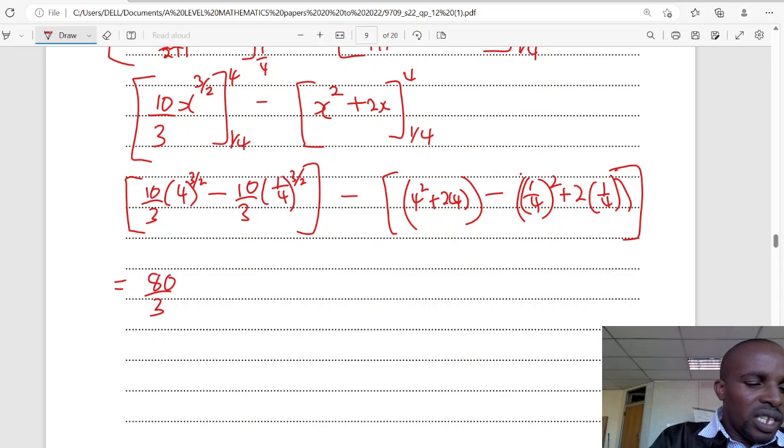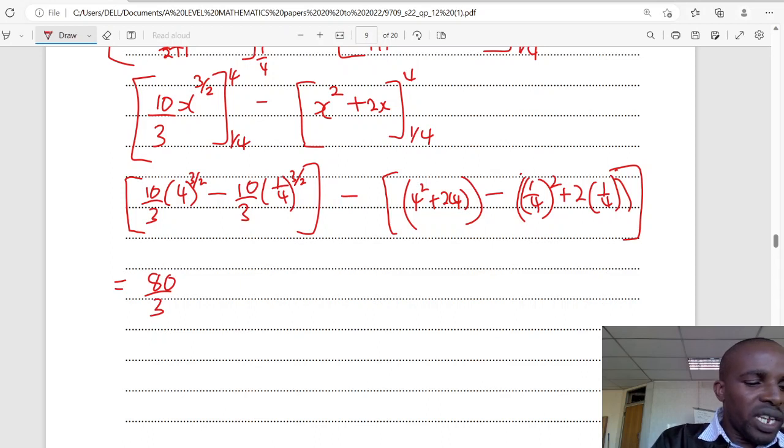So it will be 10 over 3 times 4 to the power 3 over 2, then minus 10 over 3 times 1/4 to the power 3 over 2.